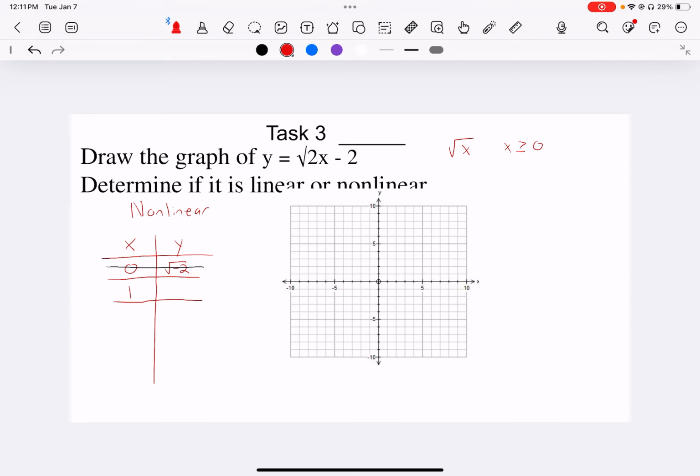When x is 1, that gives me the square root of 0, which is equal to 0.